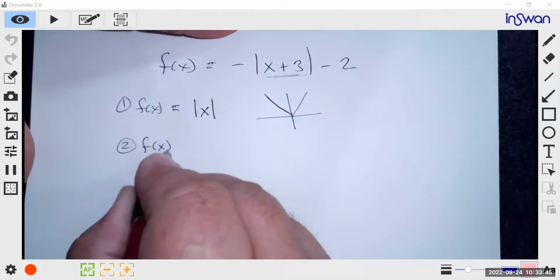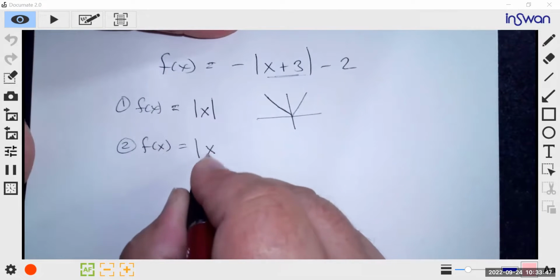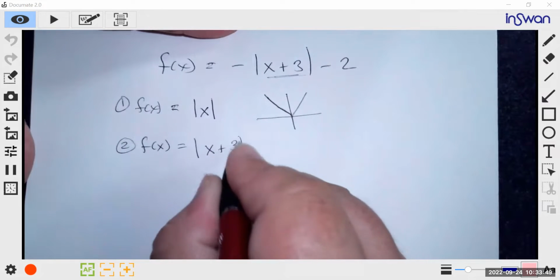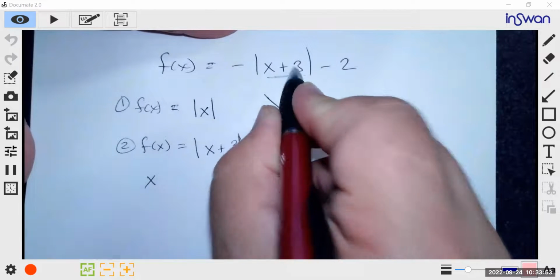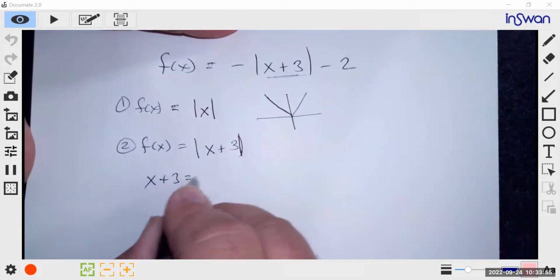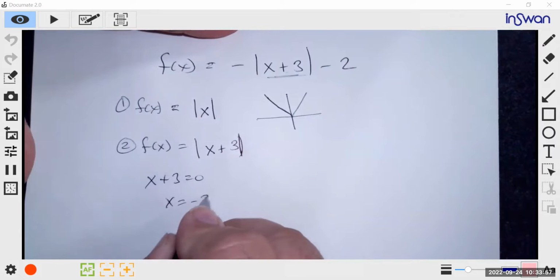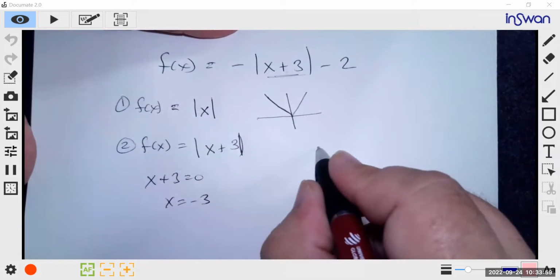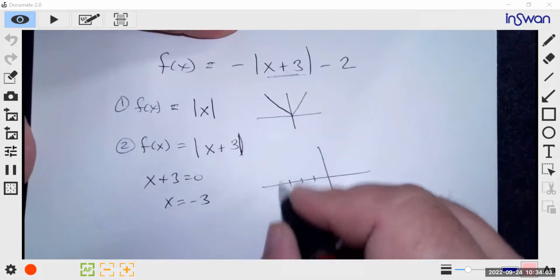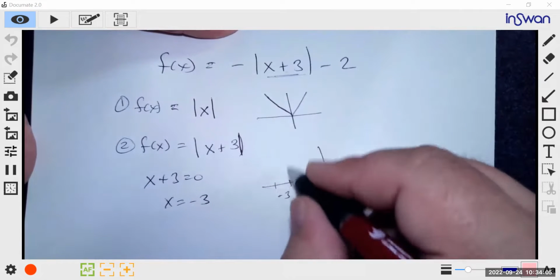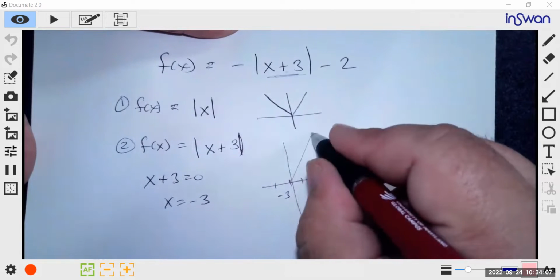So what kind of shift happens inside the function? It's an x plus 3, so it's negative, a horizontal shift. So we have to shift it to the left 3 spaces. So there's my new origin.